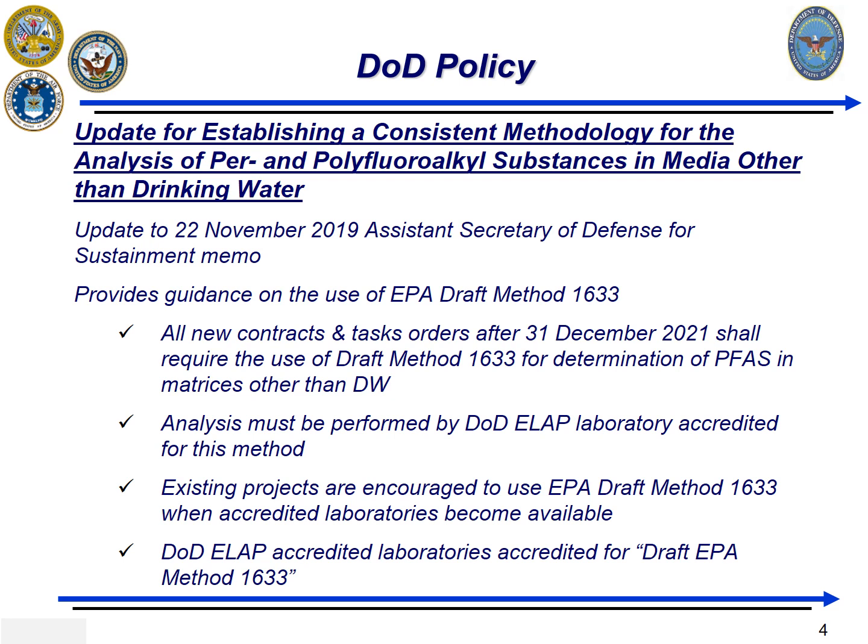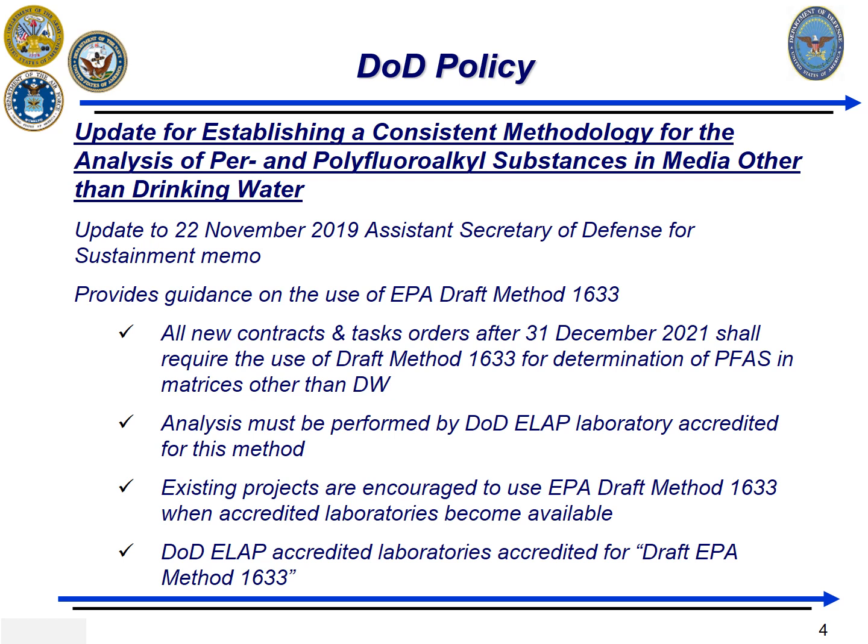We expect this policy to require a laboratory that is DoD ELAP accredited for Draft Method 1633 to be utilized. So that means you have to meet the requirements again of EPA 1633, the errata sheet, and all of the requirements contained in the QSM, meaning table B-24 and the general requirements of the QSM.